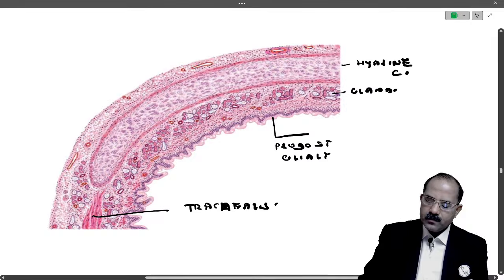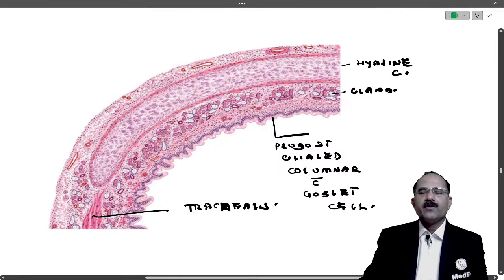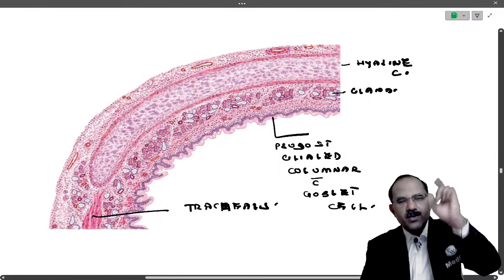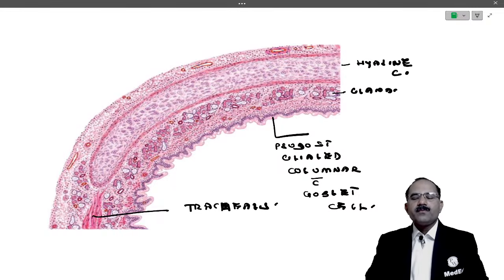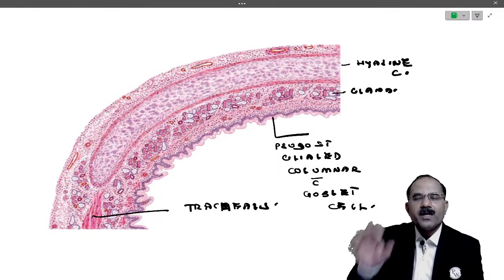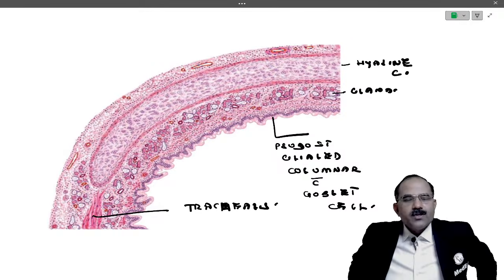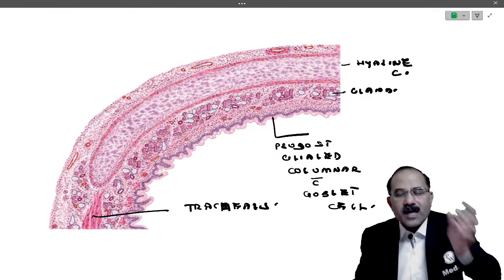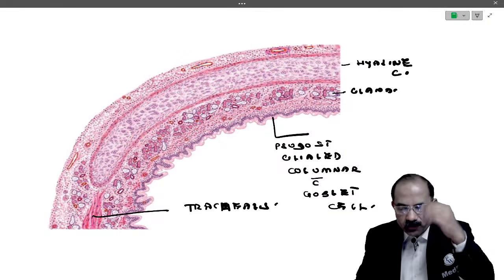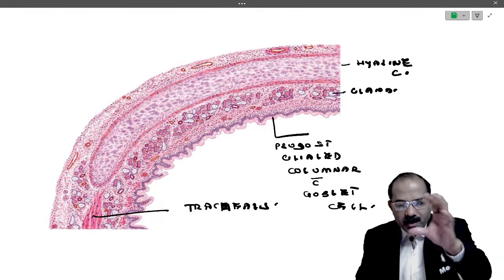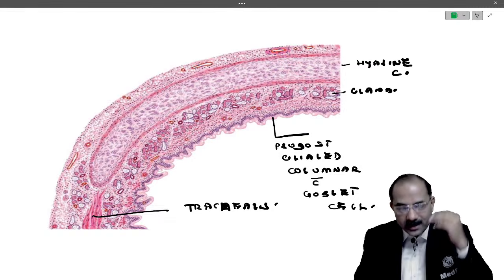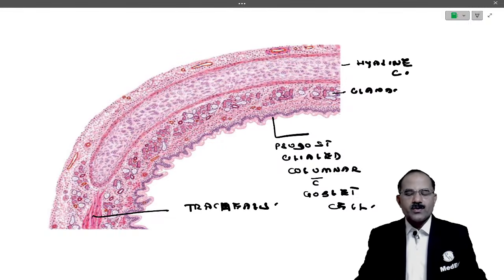It is pseudostratified ciliated columnar with goblet cells. You should be able to identify this. That's your complete answer. So this is a slide of trachea. How do I know this? The epithelium is pseudostratified ciliated columnar with goblet cells. I find the hyaline cartilage, I see mucosal glands here, and sometimes you can see the muscle trachealis also. So this is a slide of trachea.